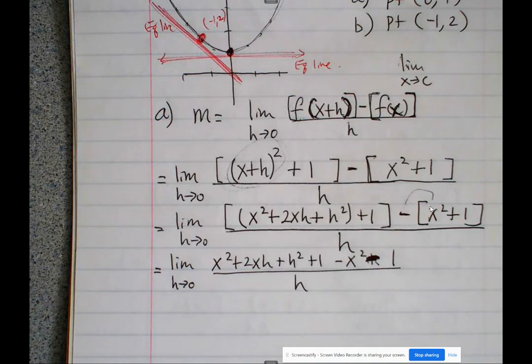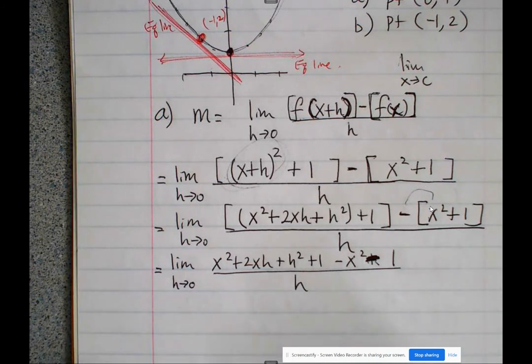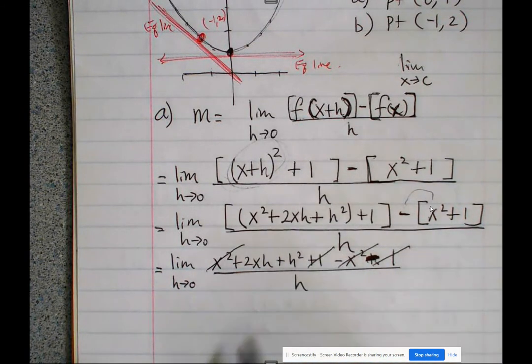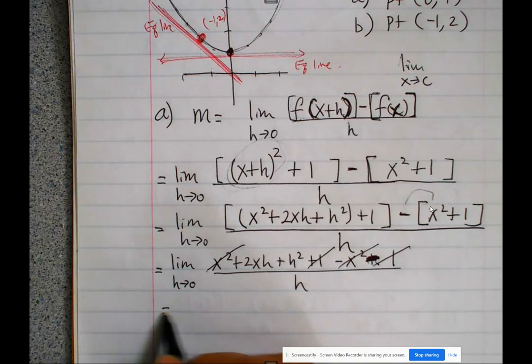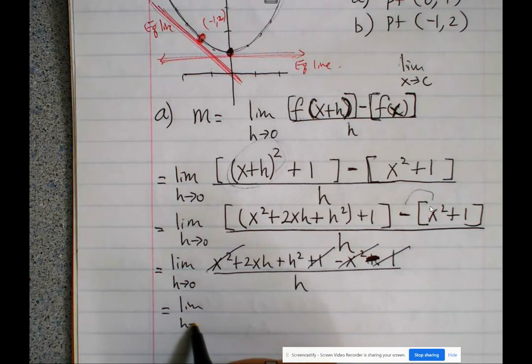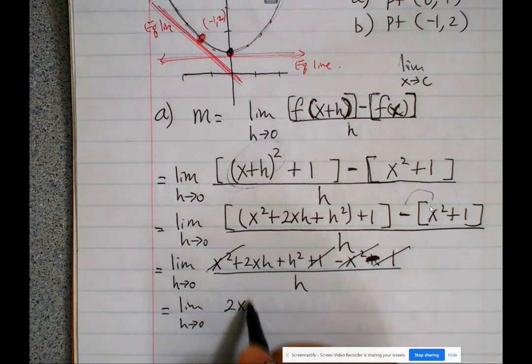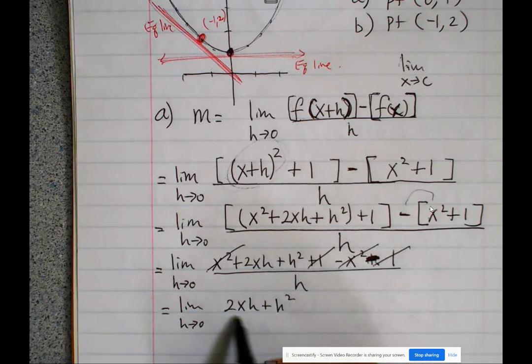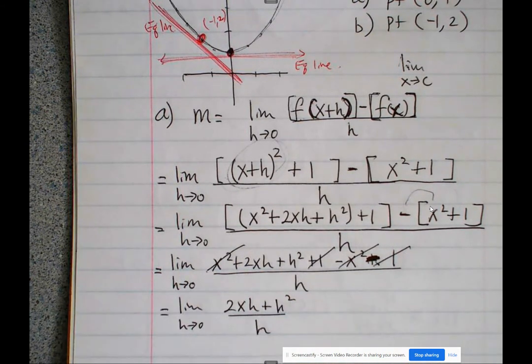Alright, so once you copy this, is there anything that we can cancel, like terms? Is there anything that we can combine? X squared and x squared, and negative 1 and positive 1. And what do you have left over when you cancel all those things? 2xh plus h squared all over h. Okay.